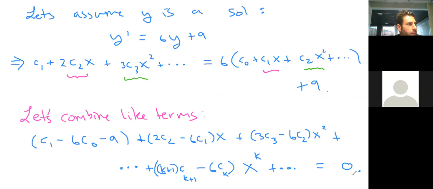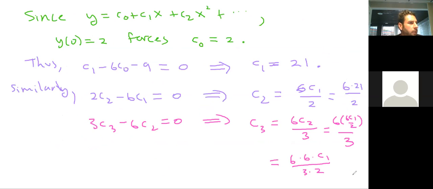And then if we plug 2 in for C sub 0, we get the following. So we get 21. When we do this, we get that. Okay, so it looks like we haven't made any errors.